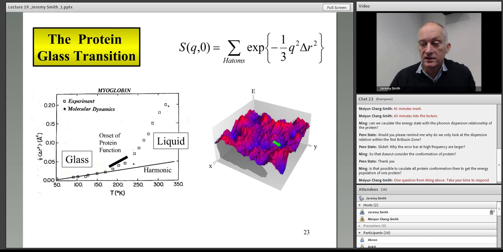So in each one of these states there's a vibrational spectrum, for example. Calculating each of these states, averaging over them, well, we're doing that now with something called a meta-stability analysis of protein conformations. Maybe I'll have a chance to talk about that in the next lecture.